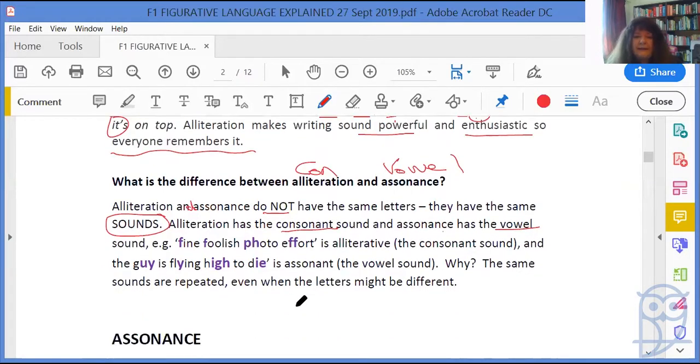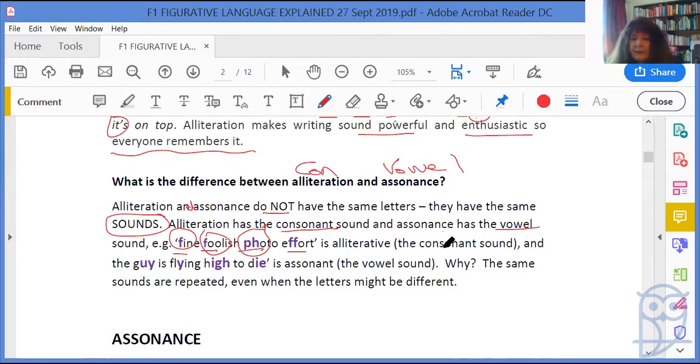Look at the spelling here. Fine, foolish, photo, effort. They've all got the F sound. It doesn't matter how you spell it. We've got PH for photo, double F, single F. It's the consonant sound of F.